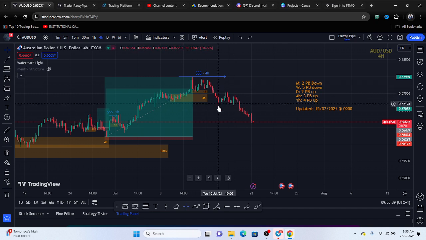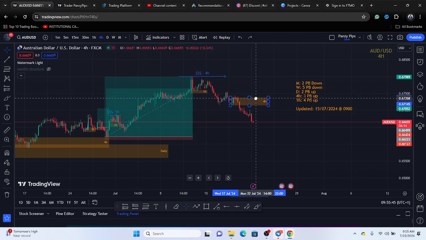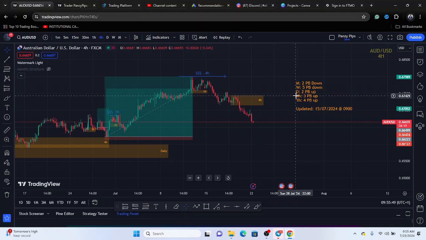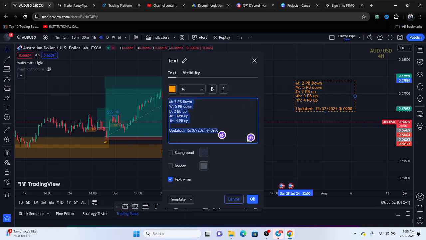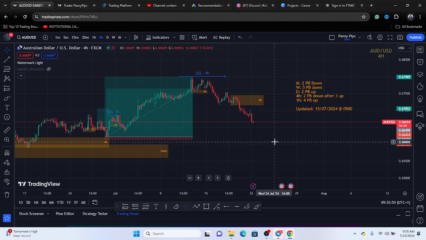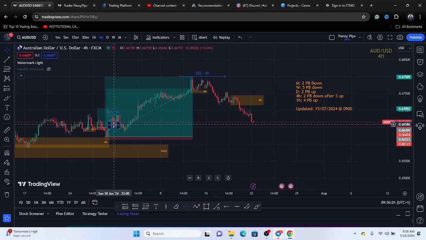This is 1, pullback, 2, so we are 2 PB down, and the last down move came from here. So PB down after 3 up. All right, I should delete most of these things here.